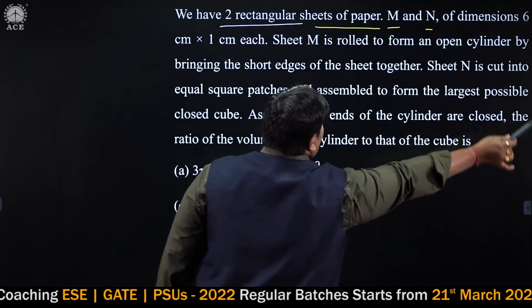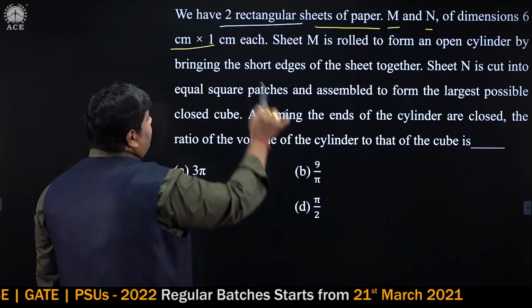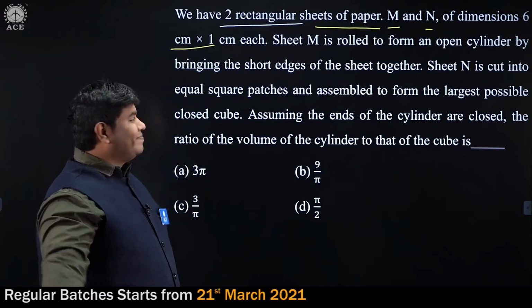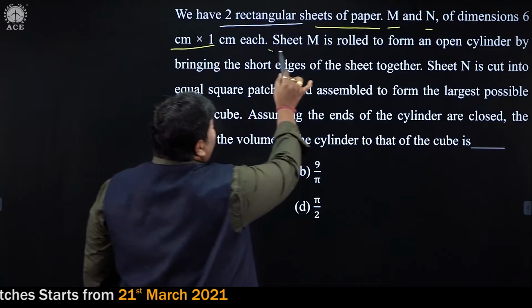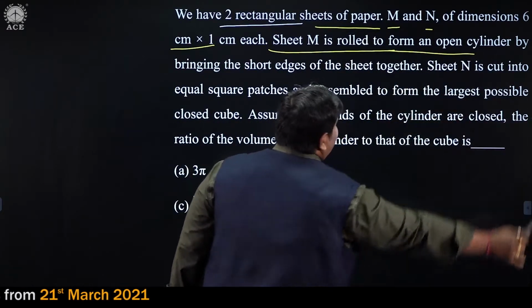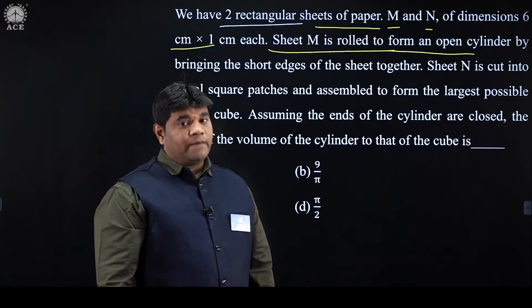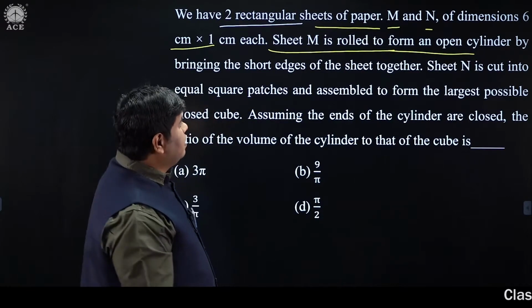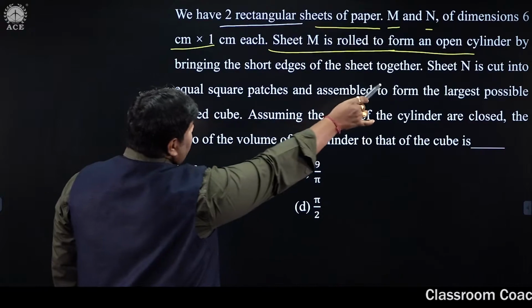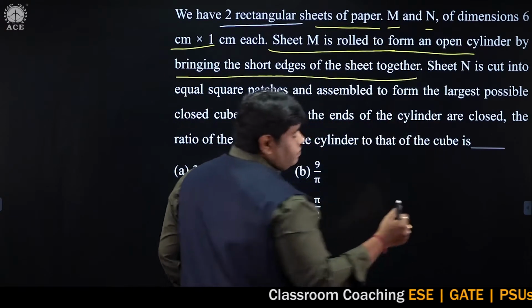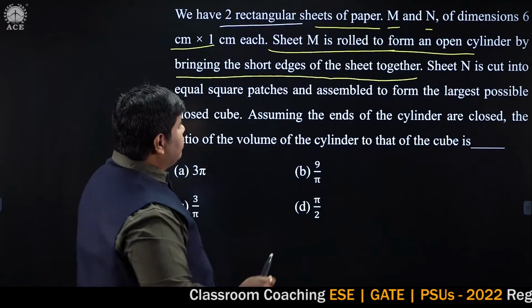M and N of the dimensions 6:1, take anything. Sheet M is rolled to form an open cylinder by bringing the short edges of the sheet together.